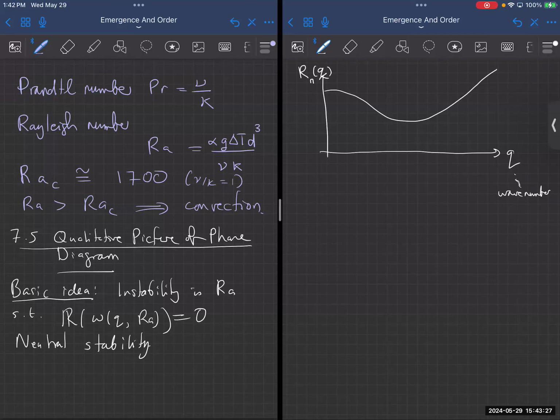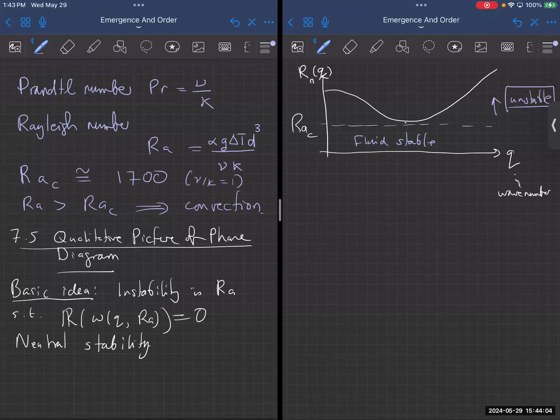Depending on Q, I have a Rayleigh number where the fluid is stable. So below here, this is the critical Rayleigh number, Rayleigh of C. Below this point here, the fluid is stable, and then above here, it is unstable, but we don't know to what.